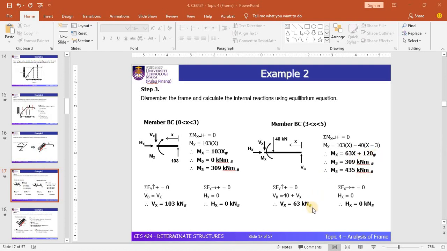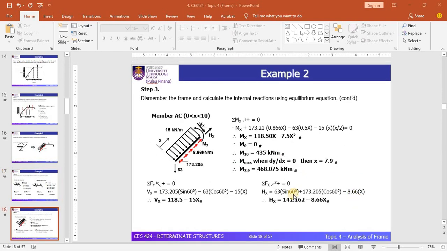Based on these solutions, we have seen that we got the correct equation of shear force and bending moment. In the horizontal direction, you will get the equation of axial force, and again you can see that the axial force for this member is equal to 0, as we have seen in the previous cut section.